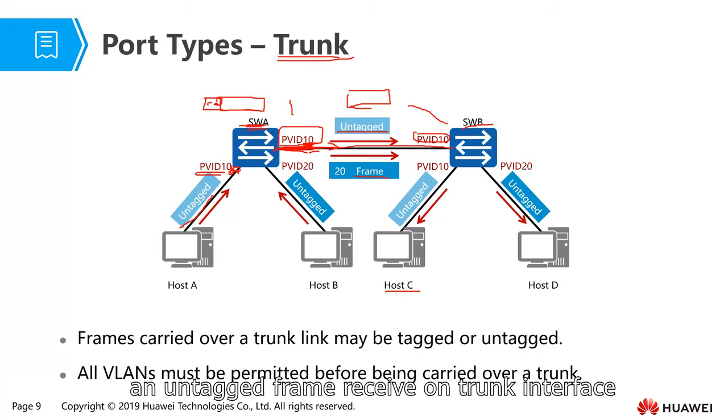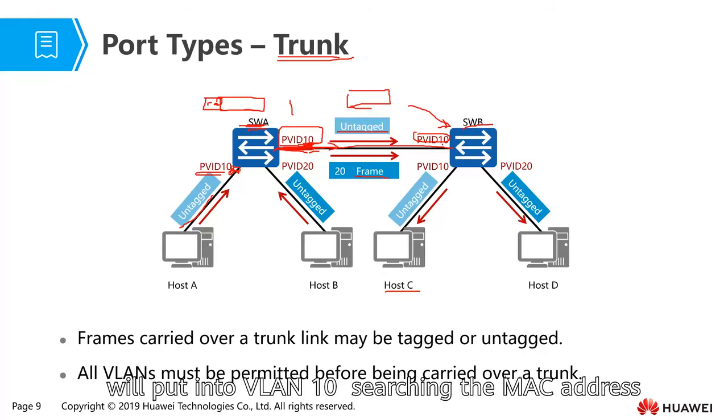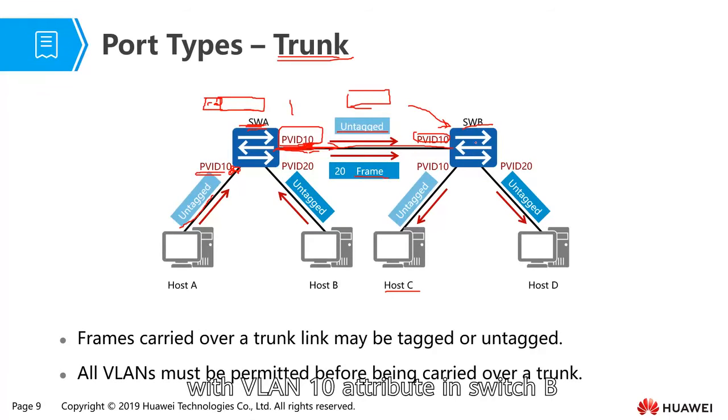So an untagged frame received on this trunk interface will be put into VLAN 10, and then switch B searches the MAC address with the VLAN 10 attribute and sends it out. Of course, on this access link, an untagged frame is sent out.